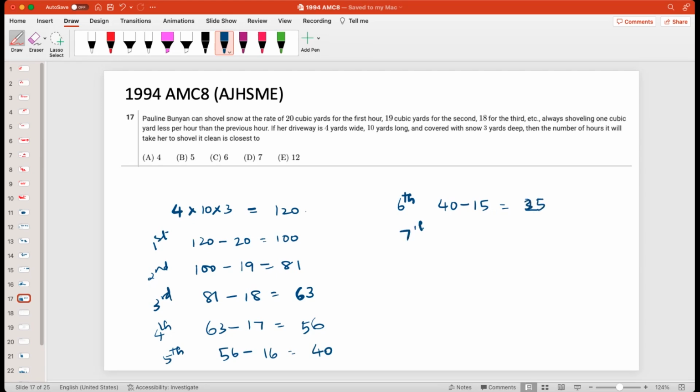In the seventh hour she'll do 25 minus 14, so that will be 11.